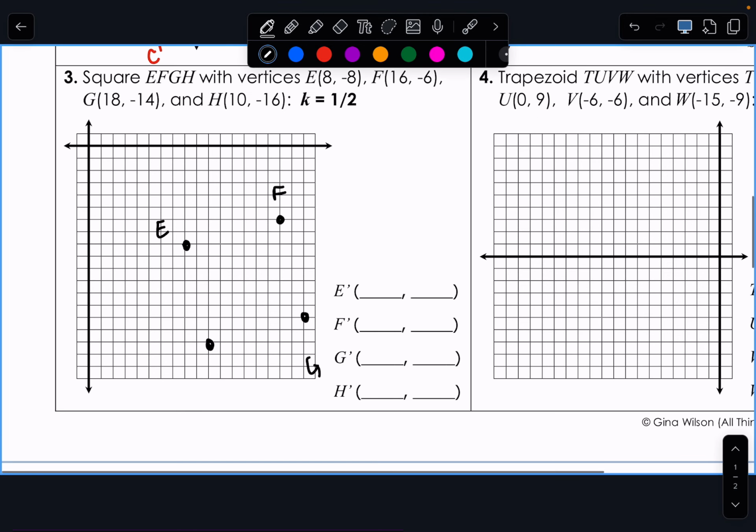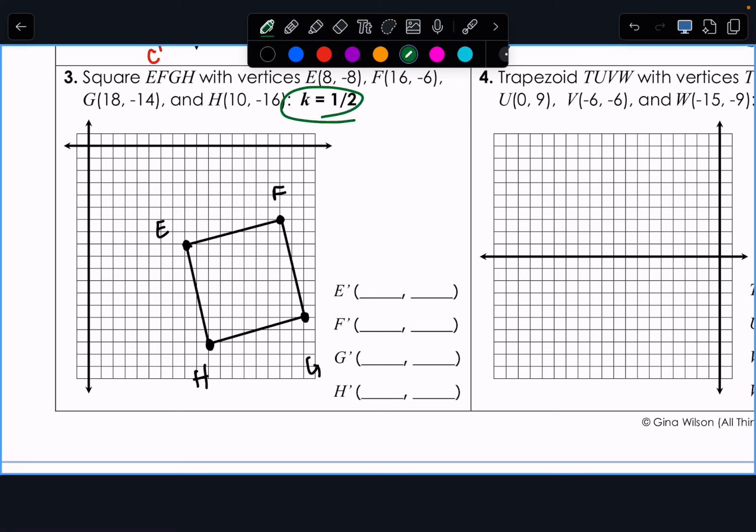Okay? So here we go. In number 3, we have a scale factor of what? 1/2. Okay? So this scale factor of 1/2 means we have a shrink. Our new square is going to be half the size of this one. Okay? So you have 2 options.